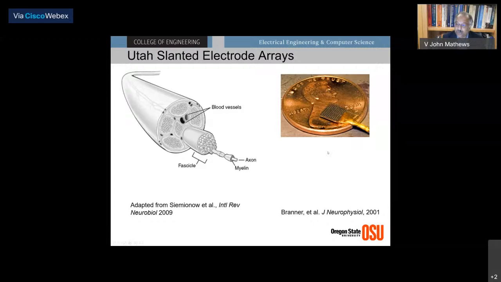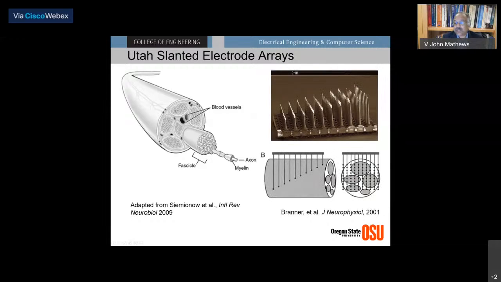Okay? So what you do is, this is of course essentially depicting the nerve. What you do is you implant these arrays in peripheral nerves. You can also implant these arrays in the brain if you want to, but we are doing mostly peripheral nerve work. It's less invasive, and the potential for problems is a lot less for sure.